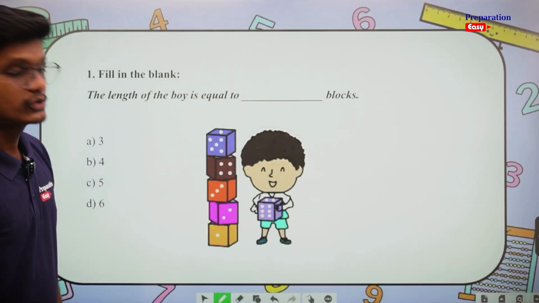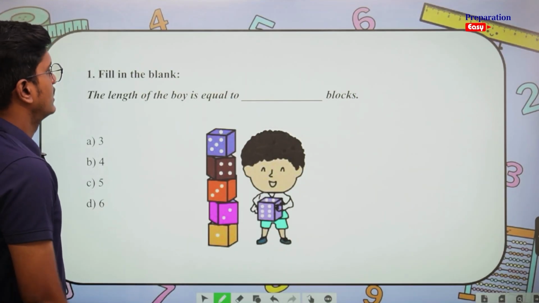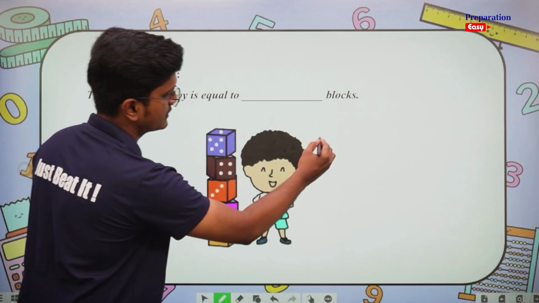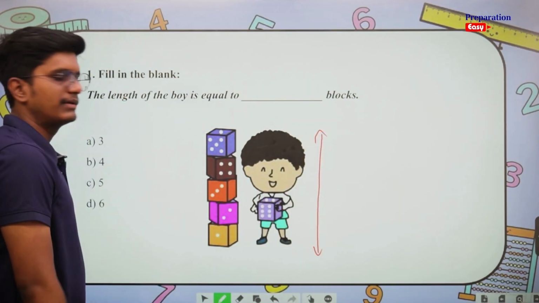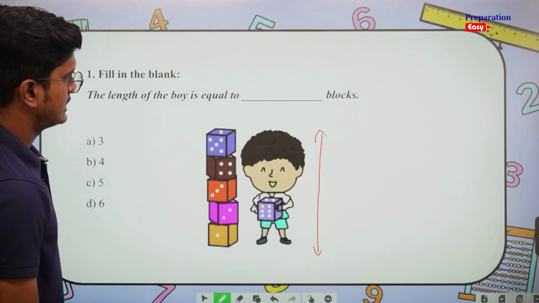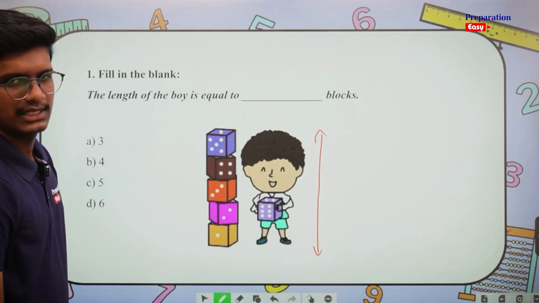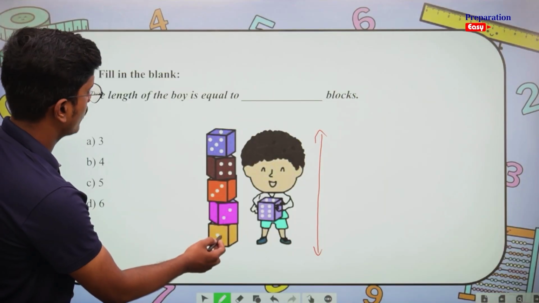Okay, let's do some examples on length right now. So here are a few examples. We have to calculate the length of this boy. How can we calculate it? Just think about it. Can we use a ruler scale over here or something else? No, I guess. So we have blocks over here.